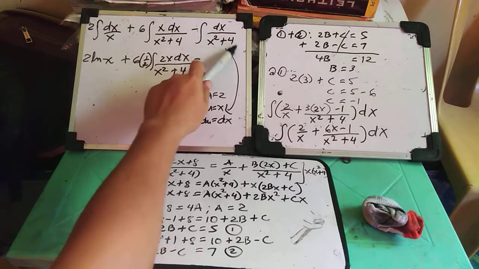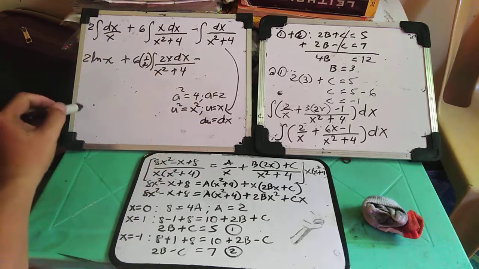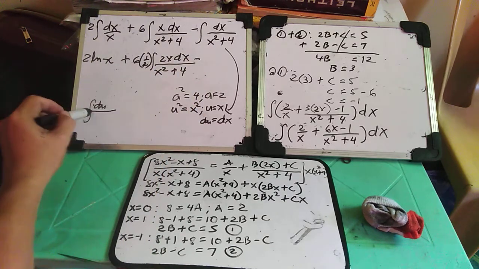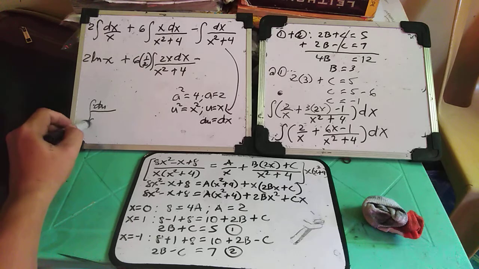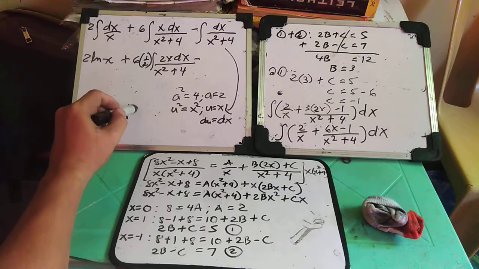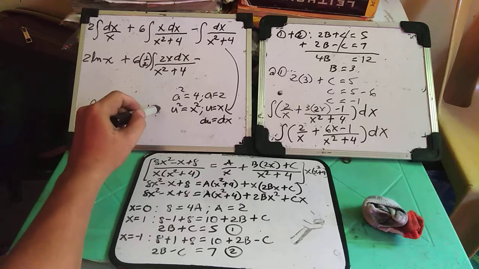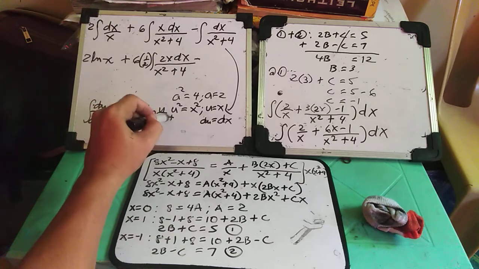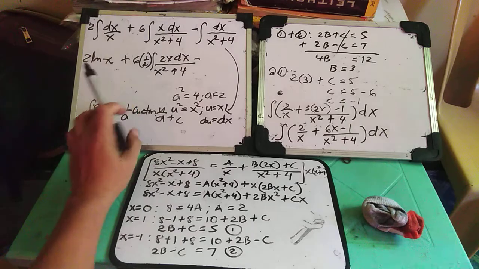Since we divide each term of the numerator on the second term by x squared plus 4, so 6x over x squared plus 4 minus 1 over x squared plus 4.